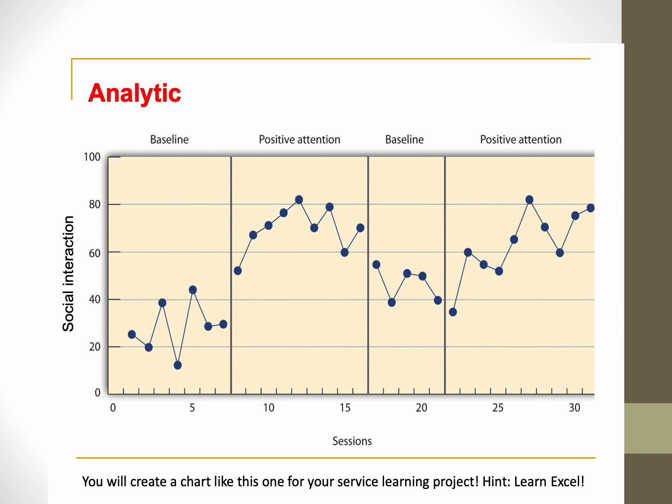So you see there are 3 different points where behavior changed with the introduction and withdrawal of the intervention, right? So there are 3 points of behavior change by the use of intervention, and we say that's the experimental control, and we see there are 3 experimental controls or experimental effects. So we said there is functional relation established with this intervention.